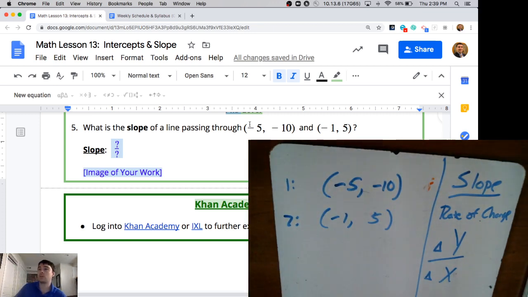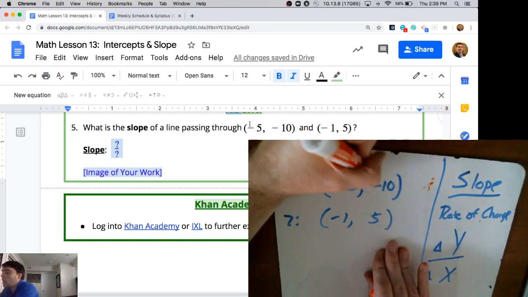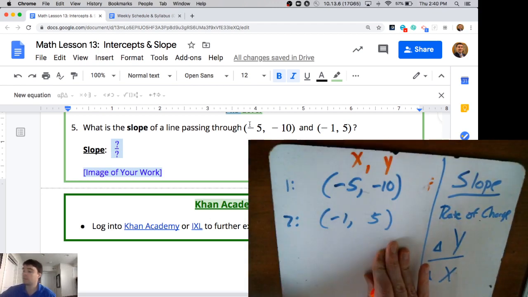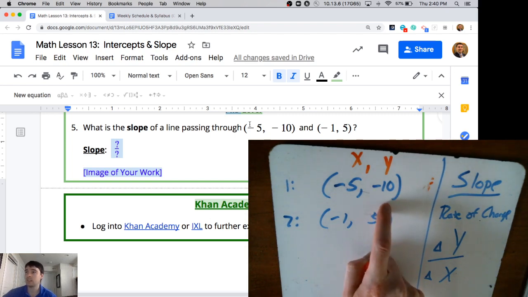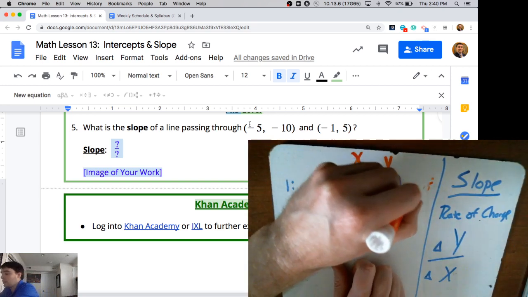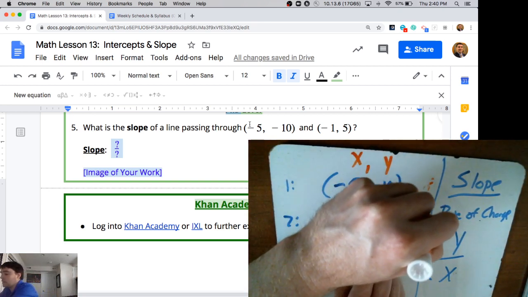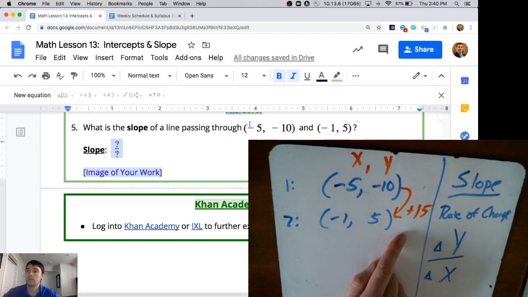So if I'm going to determine the slope for a line that passes through those 2 points, I need to first measure how much the y changes by, and the y goes from -10 to +5. So it has to jump by 10 units just to get to 0, 5 more units to get to +5, so 10 and 5 put together means it jumped up a total of 15 units.